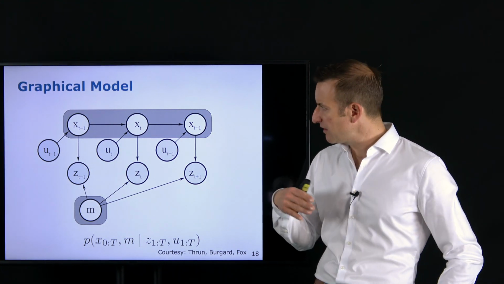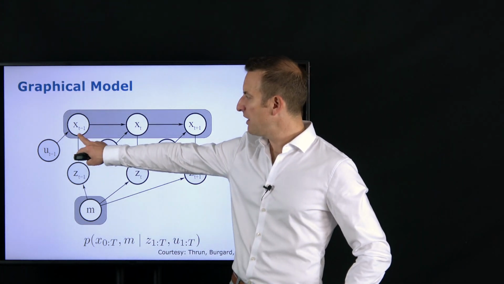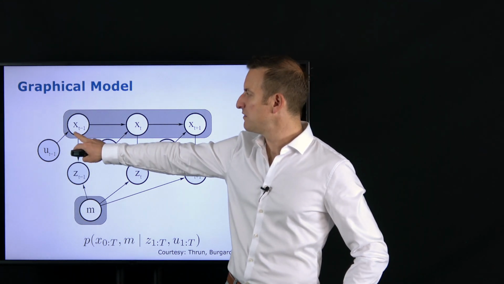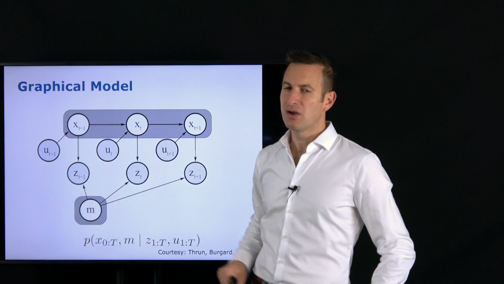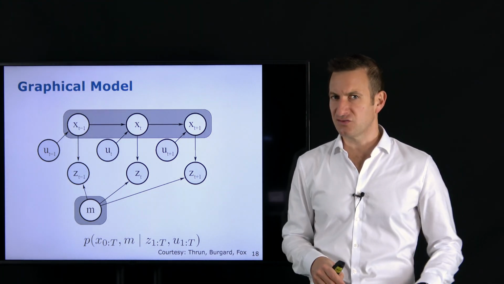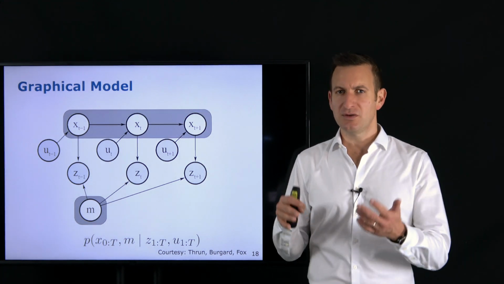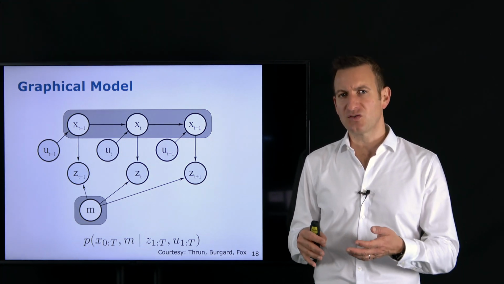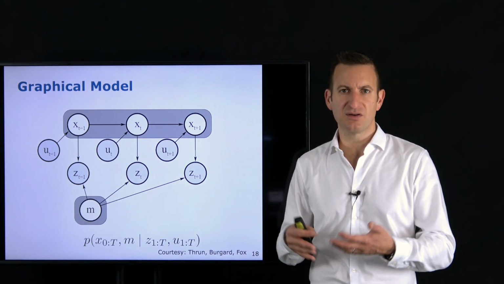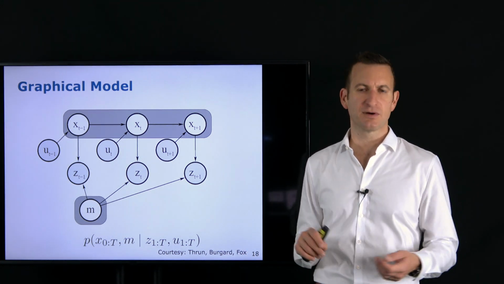So if you read the influences, you say xt minus 1 influences xt. So that means xt minus 1 conveys some information about xt. That makes sense if you have a platform that moves through the environment and doesn't do random jumps. If you know where you're at at time t minus 1, this constrains where you can be at time t, limited by the maximum speed of your vehicle, for example.